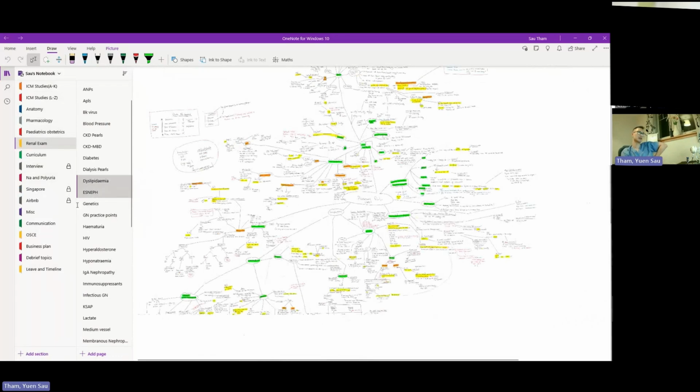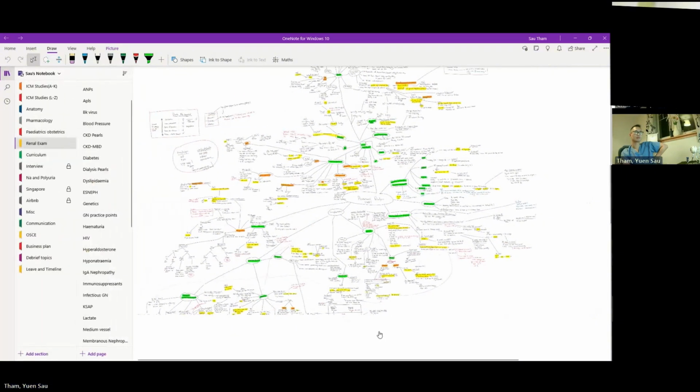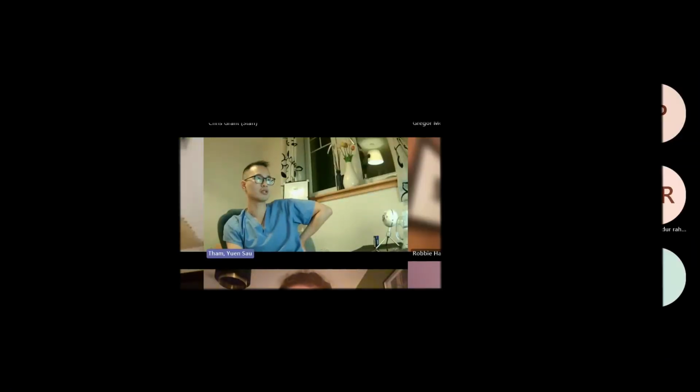I think it's seizing up a little bit. Well, I'm going to stop sharing for a while. It sometimes does this when my CPU is fully overloaded.